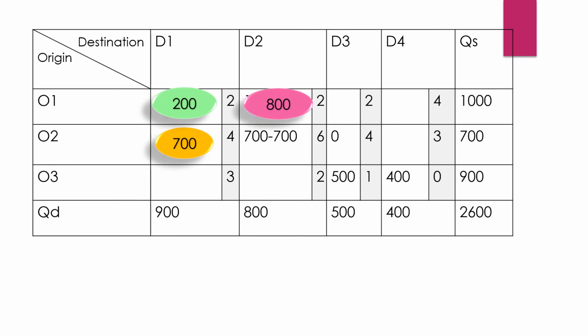Then O1 D2 will be 800. We have already 100, then we are going to add another 700. Finally, O2 D2 will be 0 because everything will be taken from this particular location.